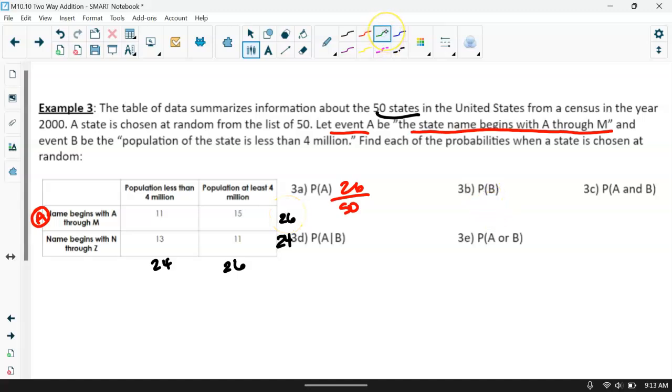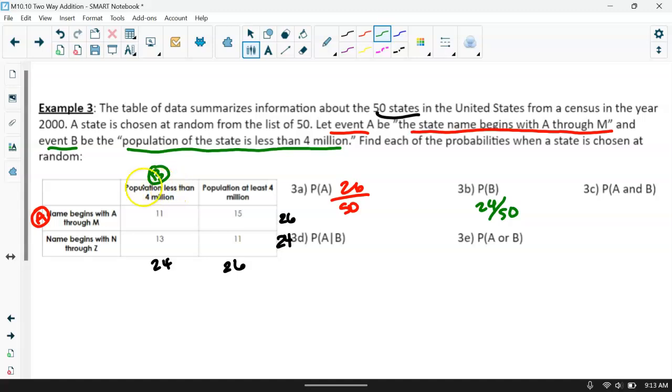Then the probability of B. B is the population of the state is less than 4 million. What is the probability of event B? 24 out of 50, or 48%, 0.48 if you want to talk relative.